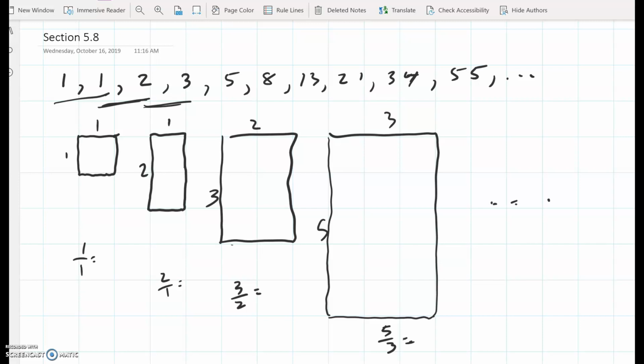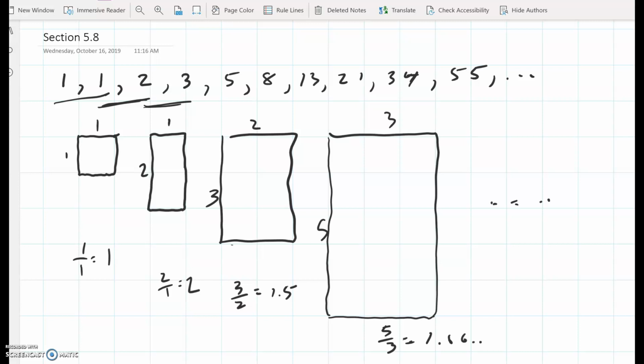And as we keep on doing this forever, the ratio, the division of the sides of these, like 3 divided by 2 and 5 divided by 3, they get closer and closer and closer to a certain number. Now it starts out kind of weird. It goes 1, and then 2, and then 1.5, and then 1.666.